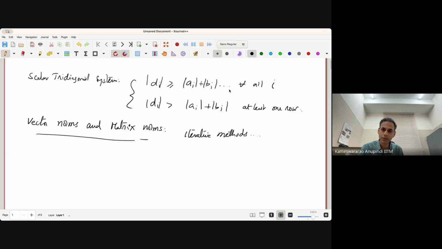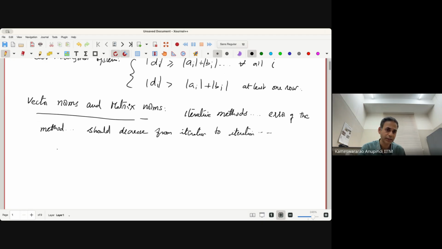Similarly, another application is in iterative methods, where we want the error of the method to decrease from iteration to iteration.